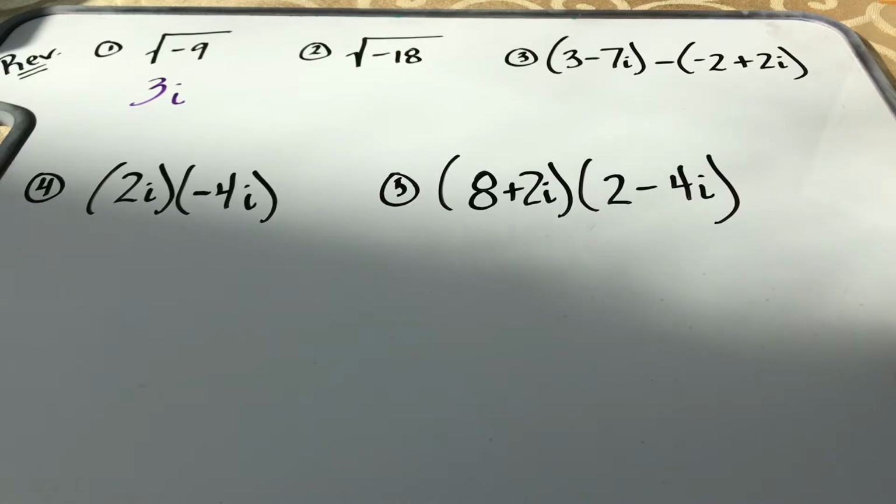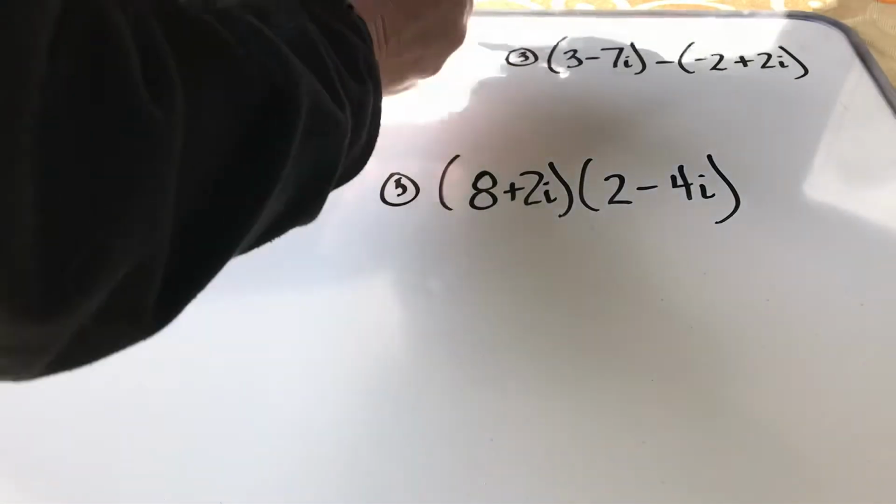Sometimes, like in number 2, 18 is not a perfect square, but we can still simplify this. So when this happens, you want to think of breaking it down and trying to think of numbers that you know are perfect squares. When I see this negative 18, I'm going to break it down.